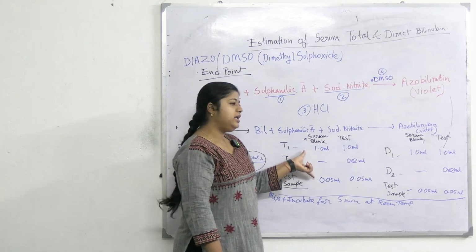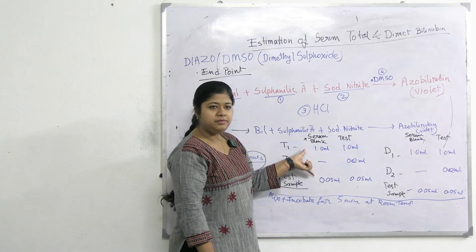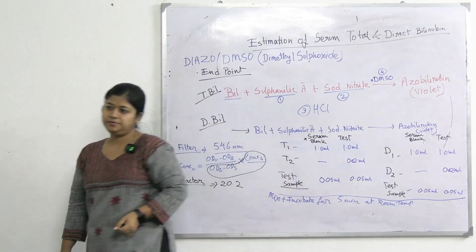This is to eliminate any impurity in the serum itself. Why? Because bilirubin estimation can be hindered by the presence of hemolysis. If the sample is hemolyzed or lipemic, then bilirubin estimation can be hampered.